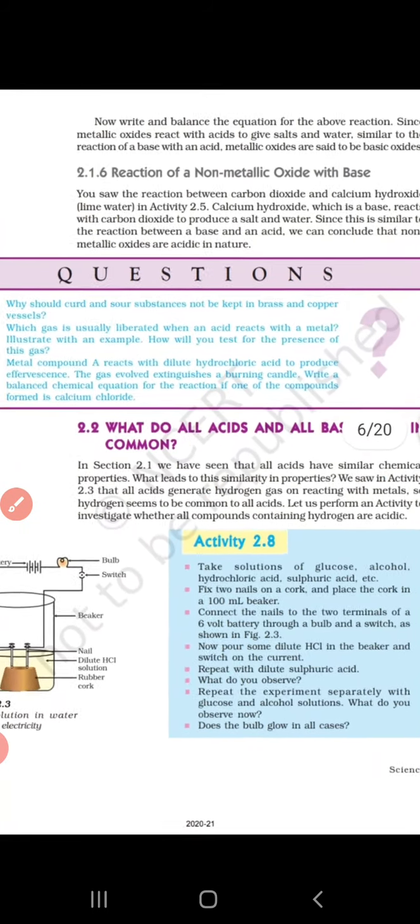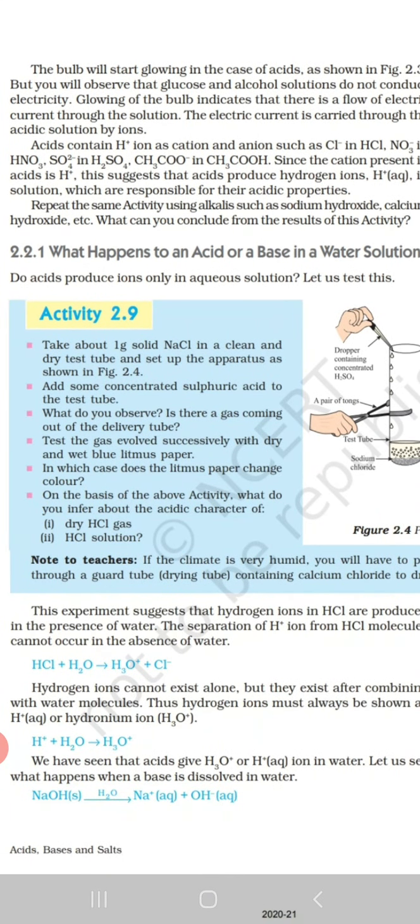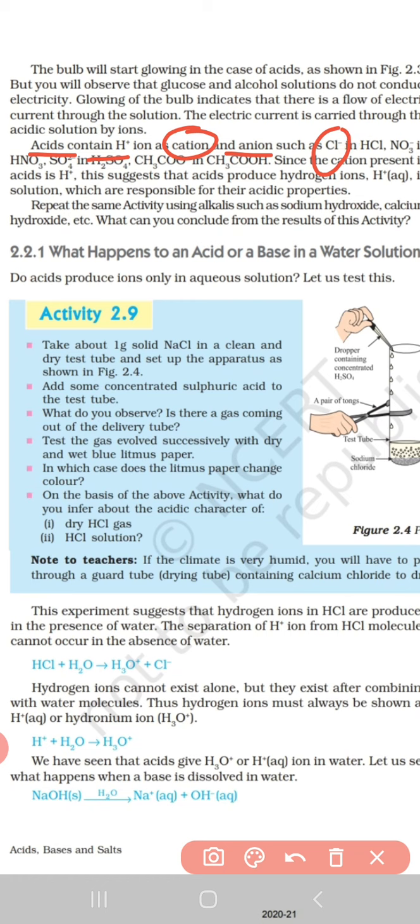Here, acid contains H plus ion as a cation and an anion such as Cl minus ion. First of all, what are cation and anion? Cation means any atom or molecule that shows a positive charge.